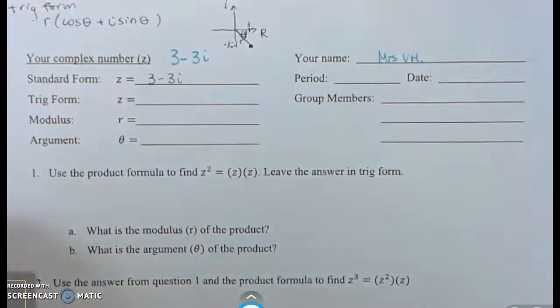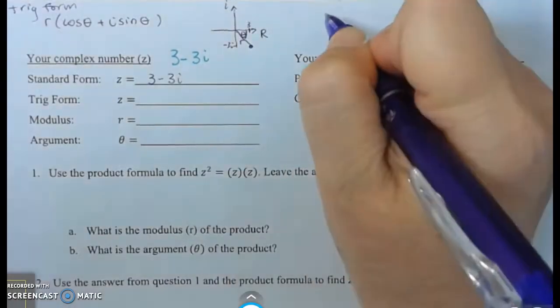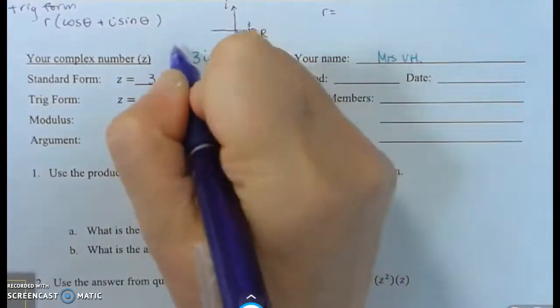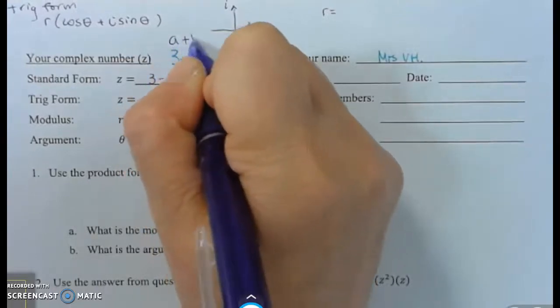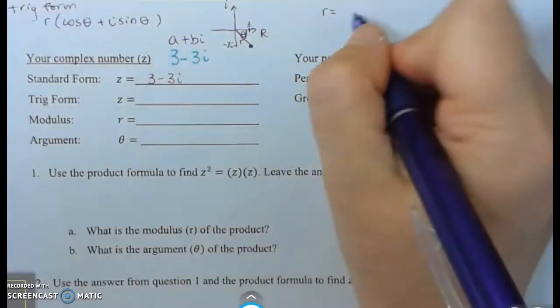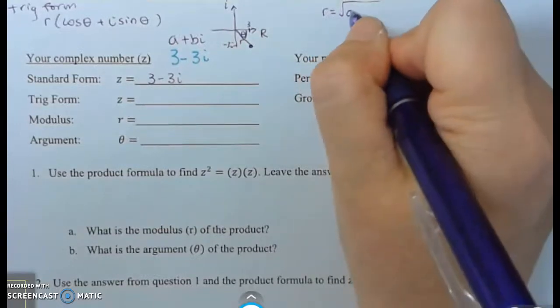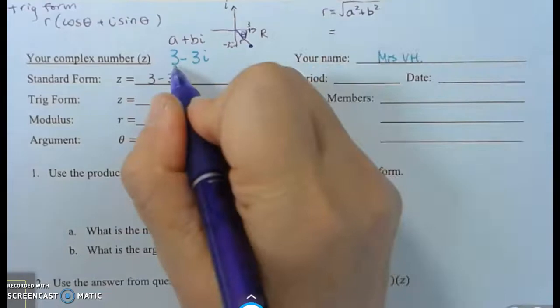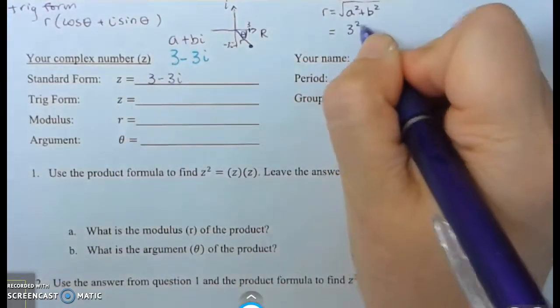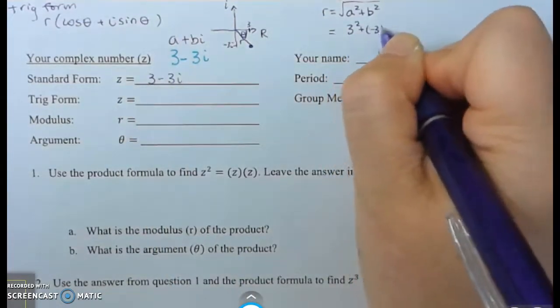Okay, so to figure out what r is, remember the complex number is a plus bi. Radius is always the square root of a squared plus b squared. So that's going to be the square root of 3 squared plus negative 3 all squared.